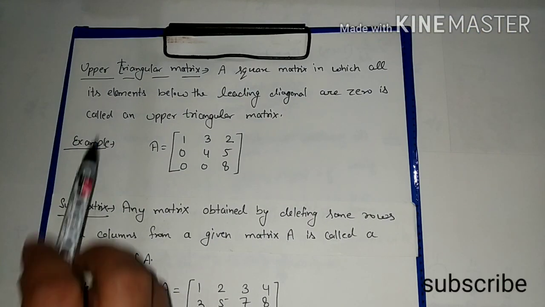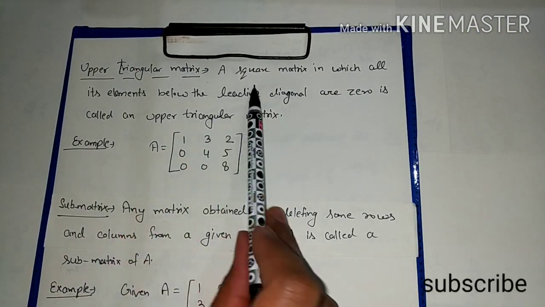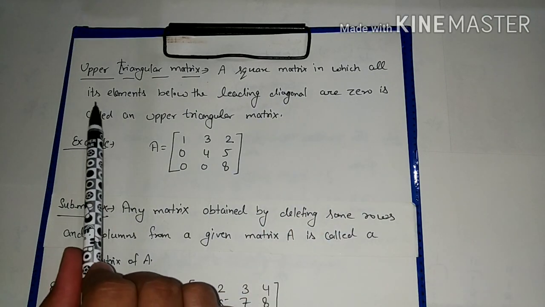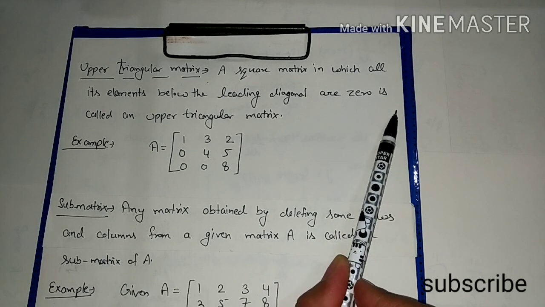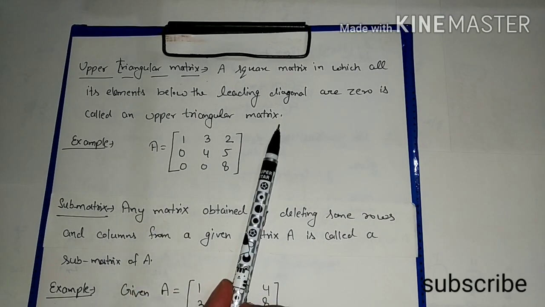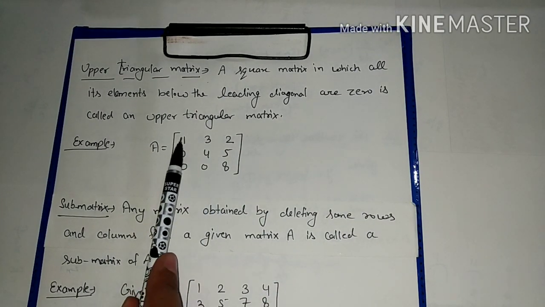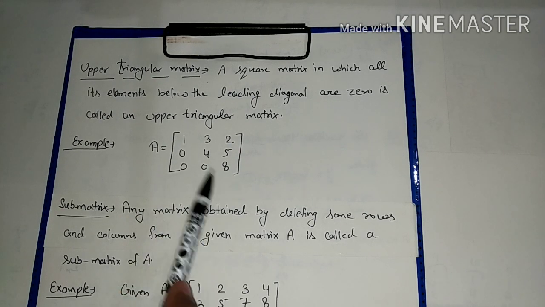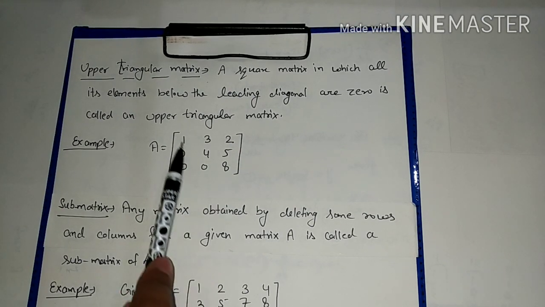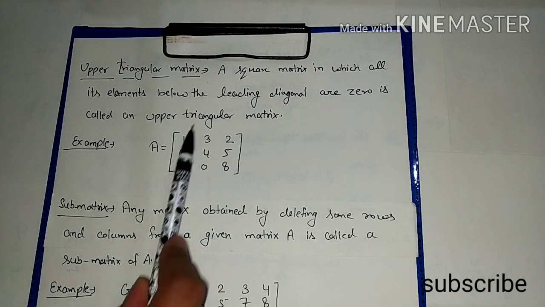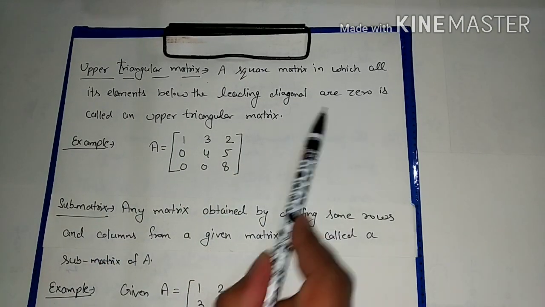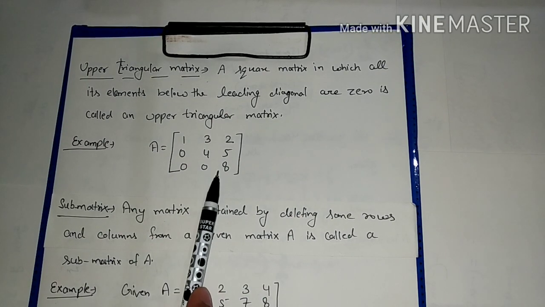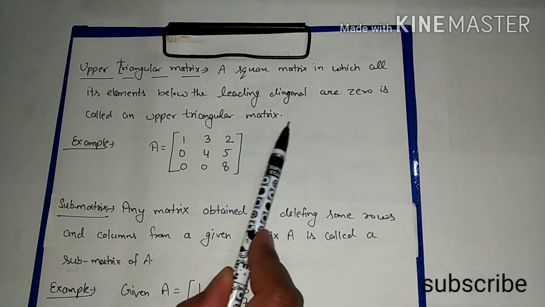Next, upper triangular matrix. A square matrix in which all its elements below the leading diagonal are 0 is called an upper triangular matrix. Here this is the principal diagonal, leading diagonal or main diagonal: 1, 4, 8. The condition is all its elements below the leading diagonal are 0.